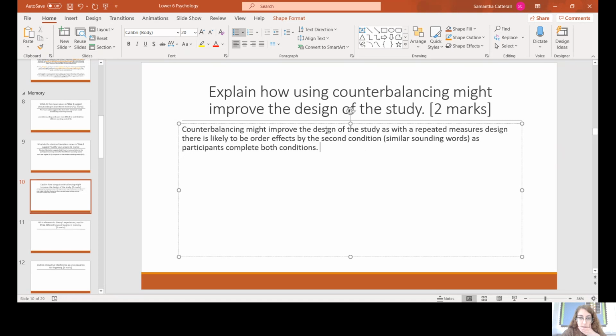Actually, I might just change that. Let me get rid of that. Repeated measures design is likely to be order effects by the second condition as participants complete both conditions of the IV, and therefore performance improves.